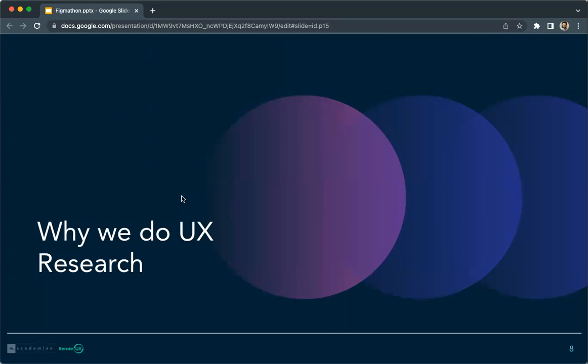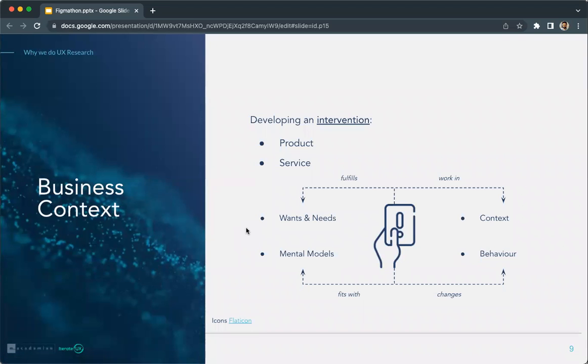But why do we care about users' problems and opportunities? Because in any business context, the organization is trying to develop an intervention in the lives of the users. It could be a new intervention or an improvement of an existing one.